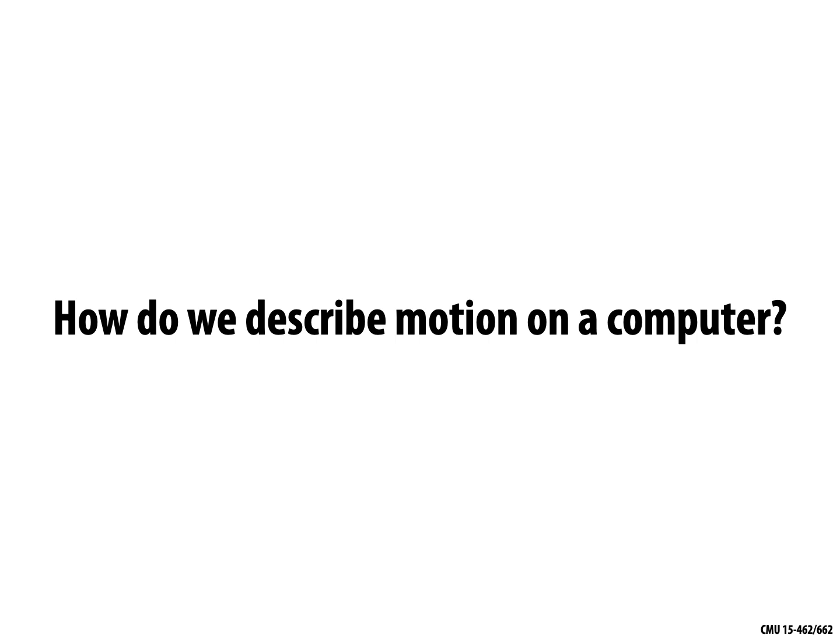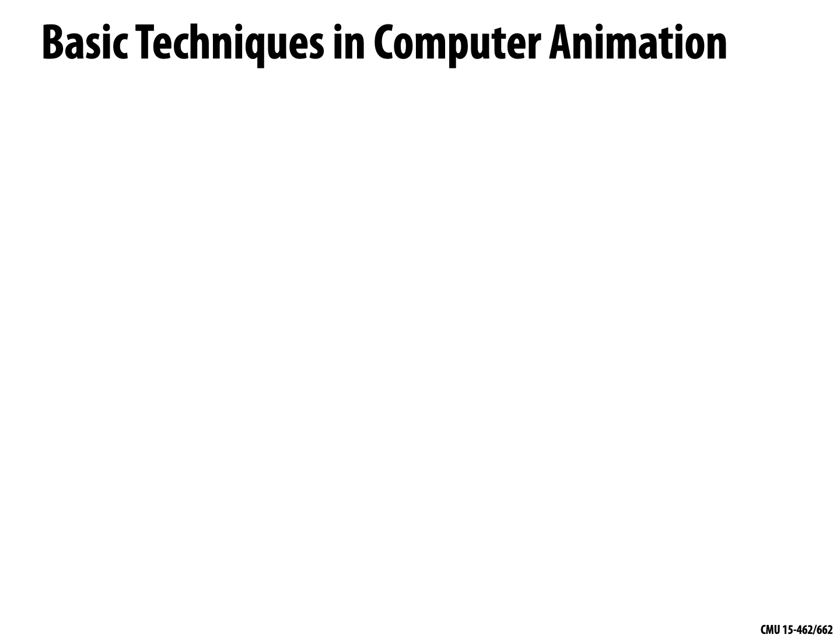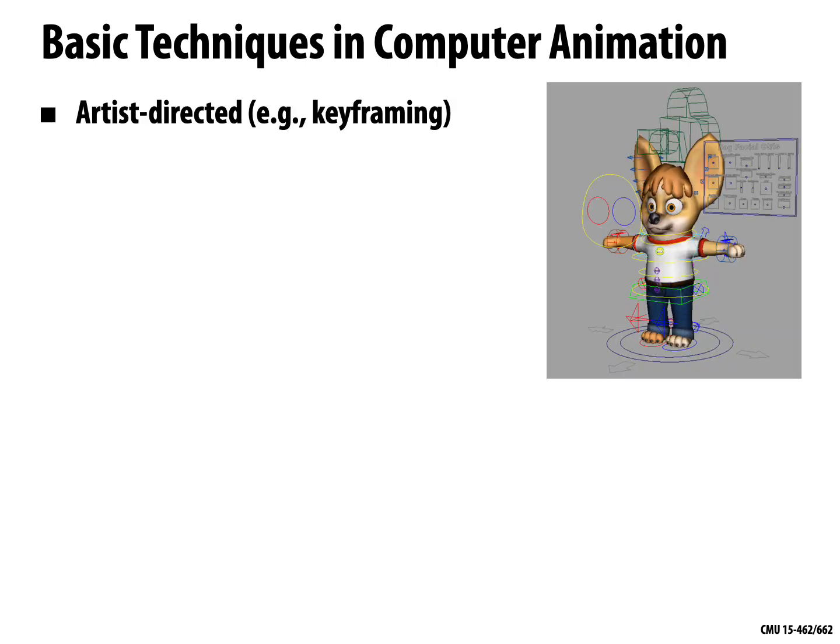So how can we describe motion on a computer that takes advantage of computation to take care of the tedious stuff for us? Well, there are a lot of different basic techniques for computer animation. One of them looks very much like traditional hand-drawn animation, this idea of keyframing.